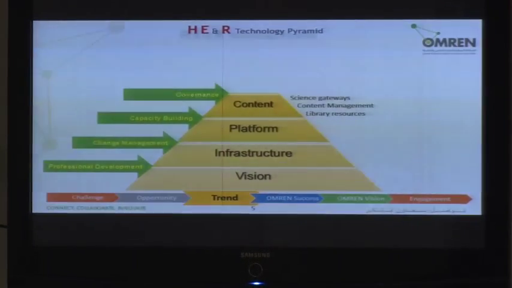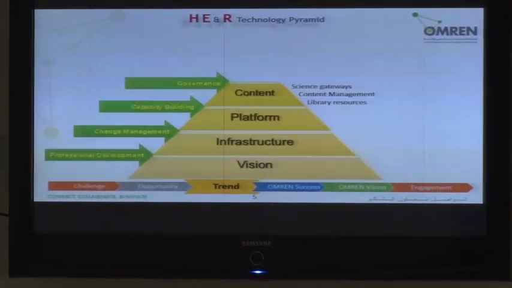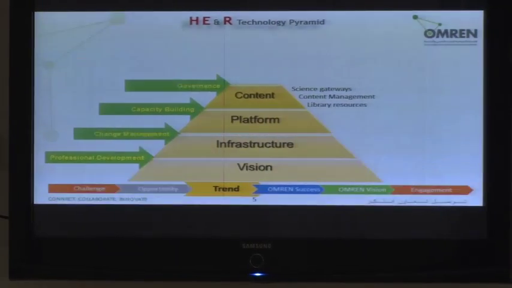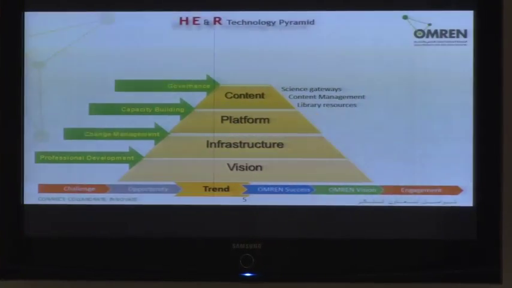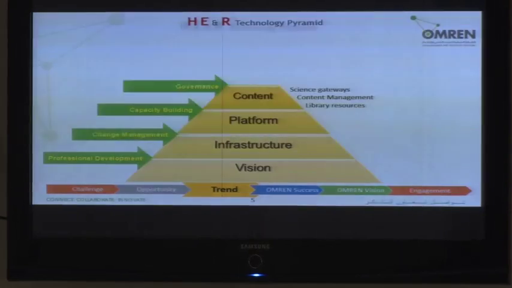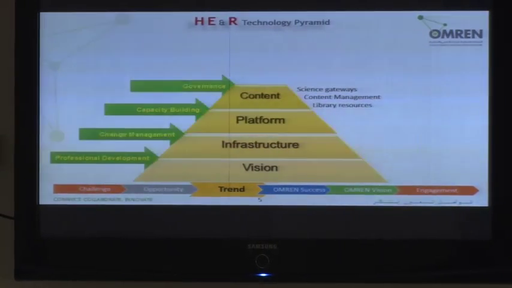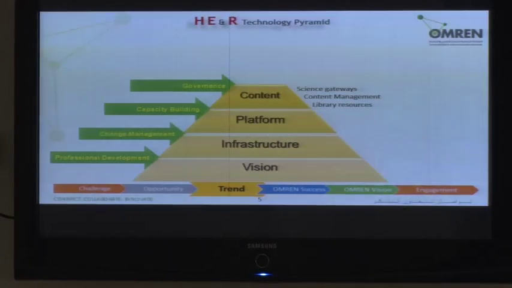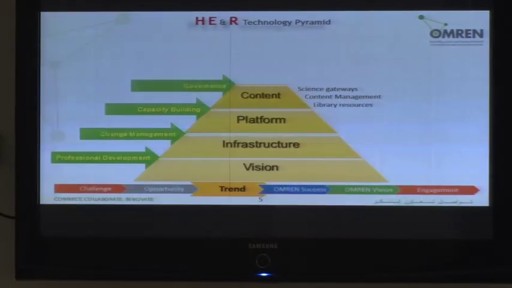Content, very important, but we need to govern the content access. We need to govern the content upload, and there are multiple national projects in this regard, run by the Education Council, run by Sultan Qaboos University, and run by the Ministry of Higher Education.